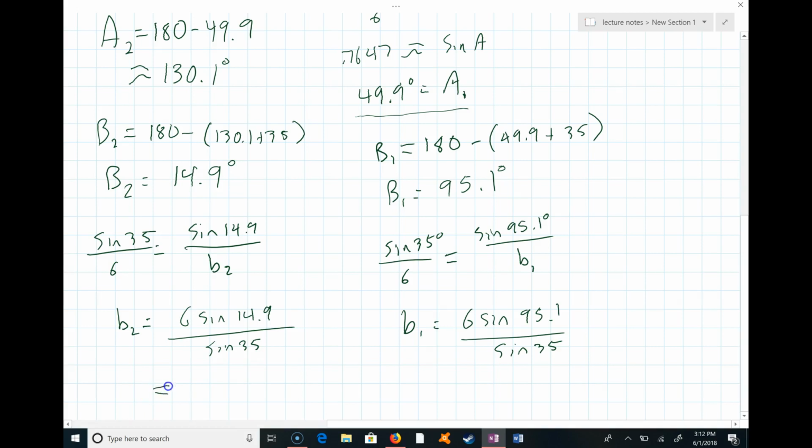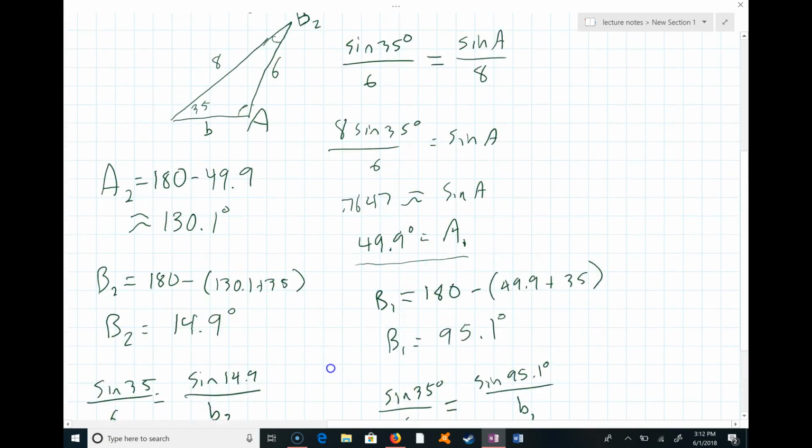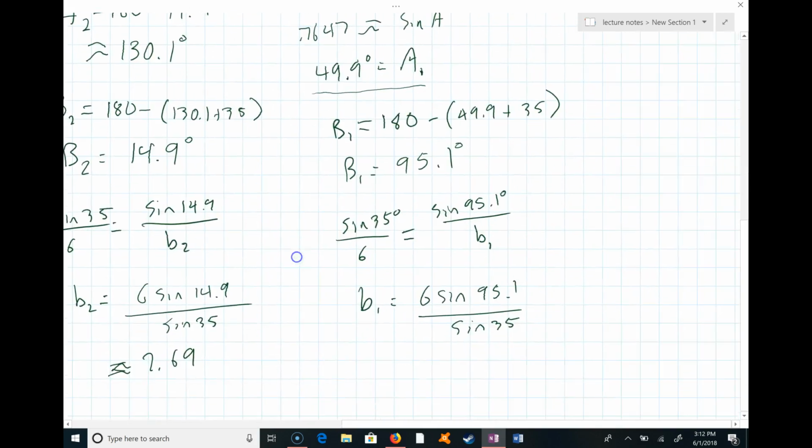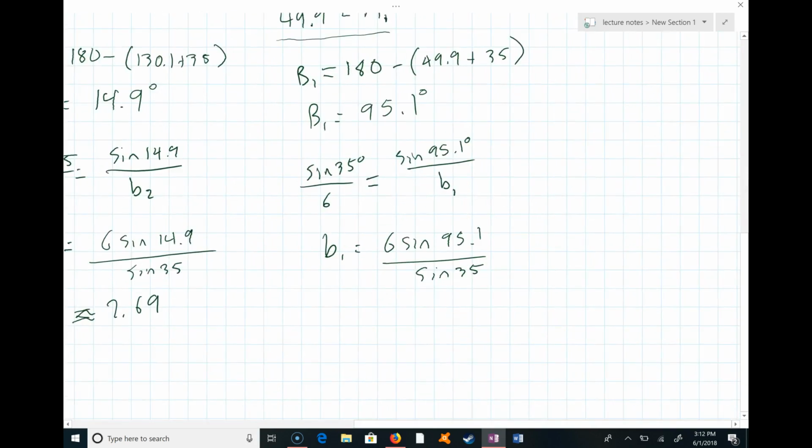And I get 2.69 approximately. Very short, which is not surprising. We expected that guy to be short. And then over here we get 6 times sine of 95.1 divided by sine of 35. Then we get b sub 1 is equal approximately to 10.42. And that is the ambiguous case.